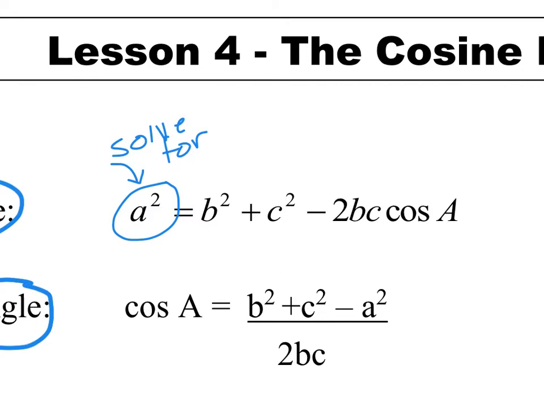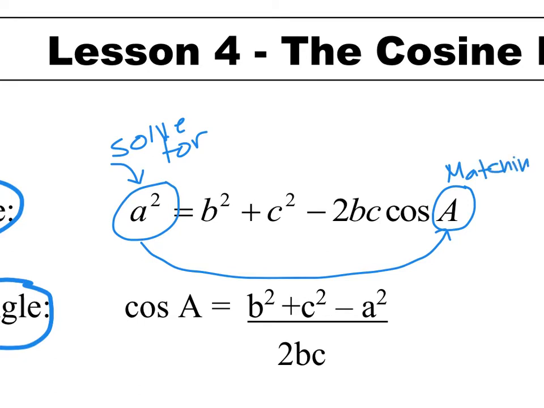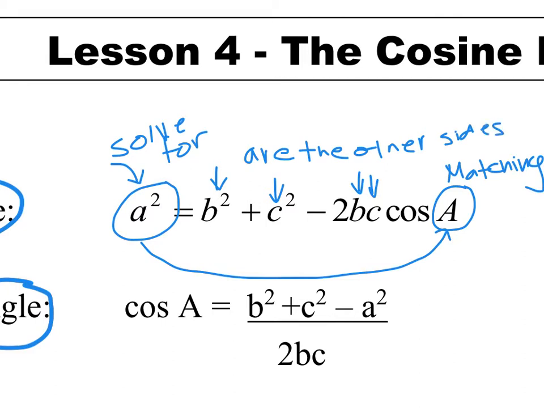And the side length that we're trying to solve for here is A. So what we need to know is the angle that matches to A. The rest, this B and C and B and C, are the other sides. It doesn't matter the order that you put these letters in. The only important thing is that we need to solve for the side length and we need the angle that matches to the side length.